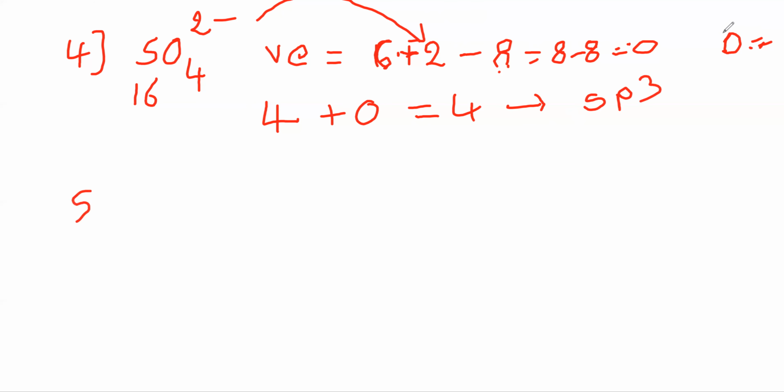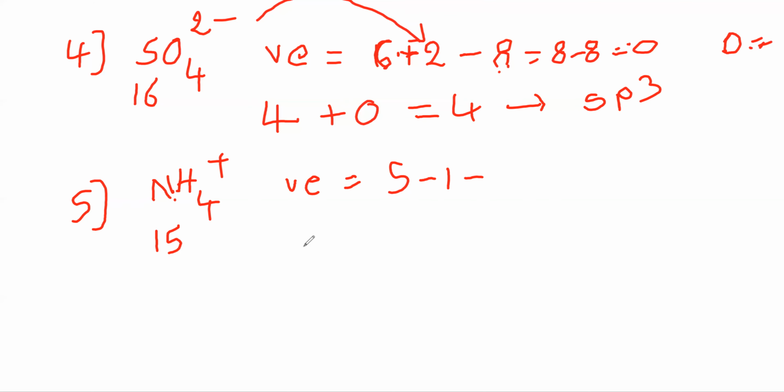Let's take one more, a positive ion, NH4 plus. The central atom nitrogen belongs to group number 15, so valence electrons are 5. Since there is a plus, I told you to subtract 1, and 4 atoms are involved here.